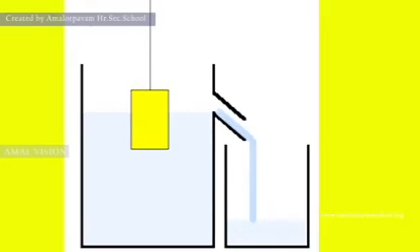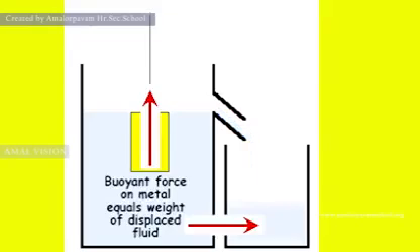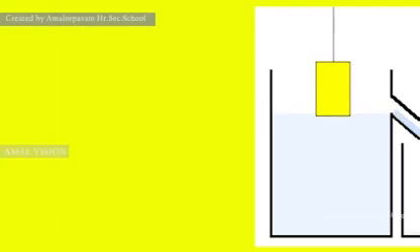What do you infer from the decrease in the extension of the string or the reading of the spring balance? We know that the elongation produced in the string or spring balance is due to the weight of the stone. Since the extension decreases once the stone is lowered in water, it means that some force acts on the stone.